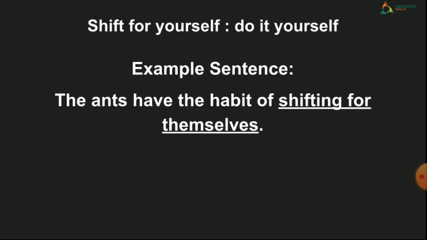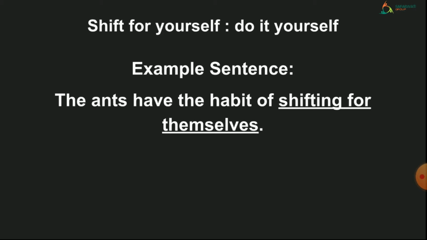Okay, here is a group of words, a phrase. A group of words which makes some sense is known as a phrase. So the first phrase here is shift for yourself. And the meaning of shift for yourself is do it yourself. Now these words are known to us.